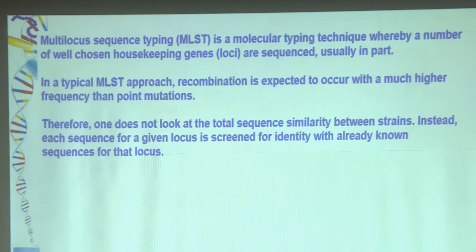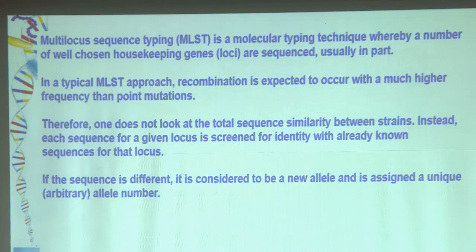Therefore, one does not look at the total sequence similarity between strains. Instead, each sequence of a given locus is screened for identity with already known sequences for that locus. It only implies that you need to refer a database where the sequences are already uploaded, right?